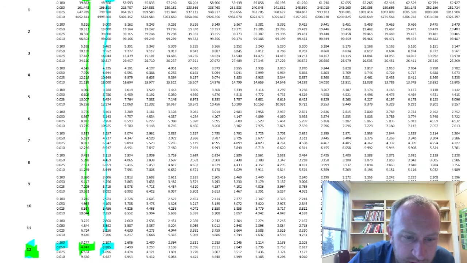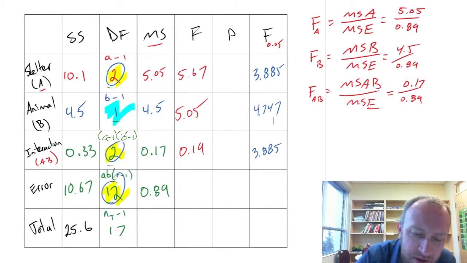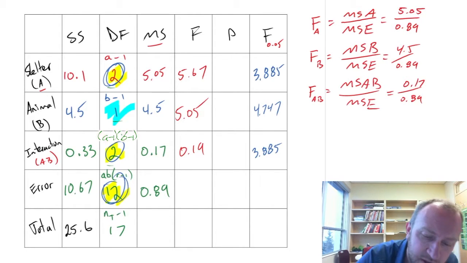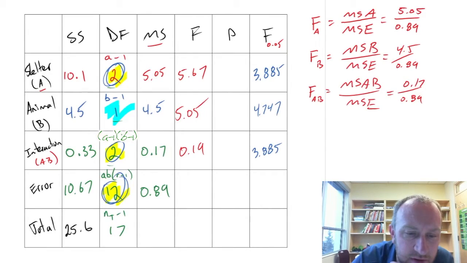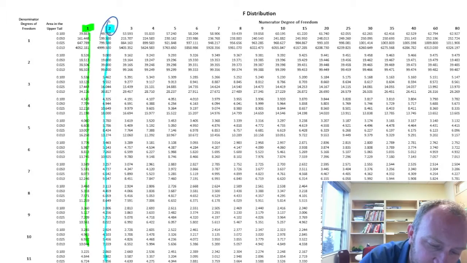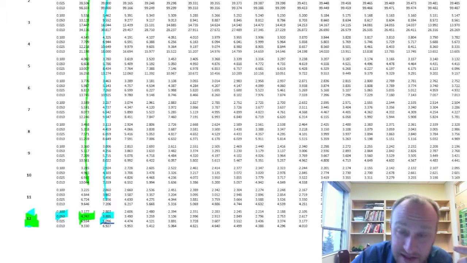So the first, let's go back one at a time. So the first one, 5.67, from a distribution with 2 degrees of freedom and 12. So let's look for 5.67 first, and that's in this 2 degrees of freedom and 12. So 5.67 is in between these two values.